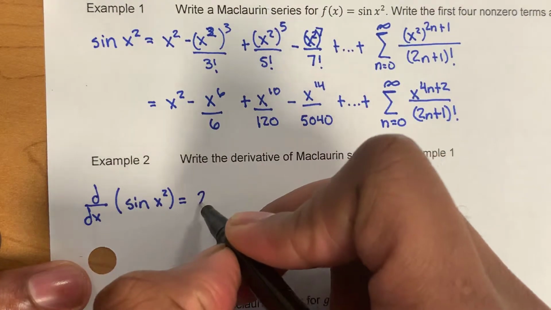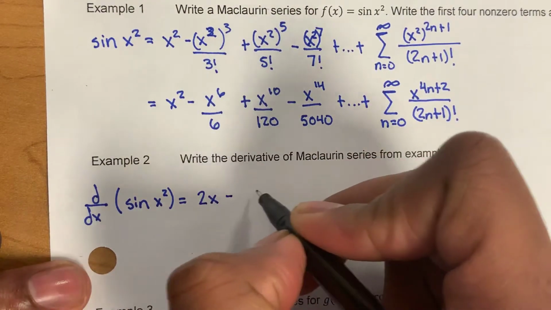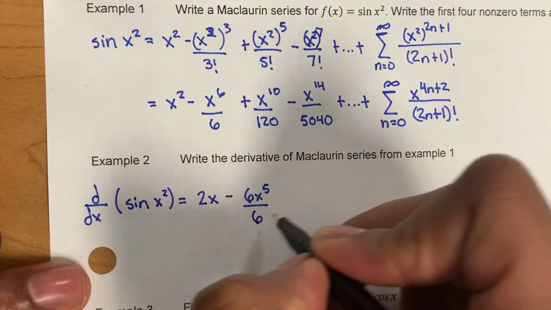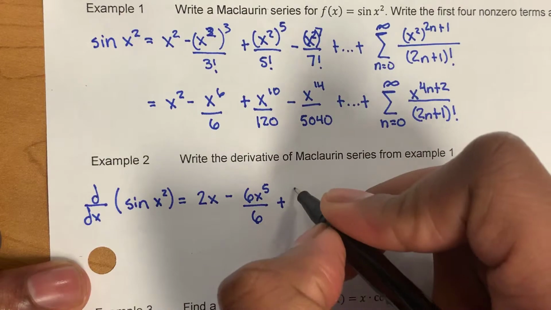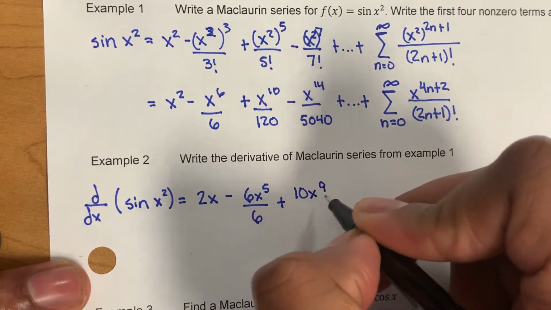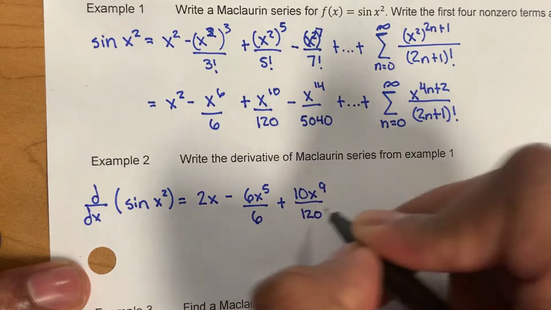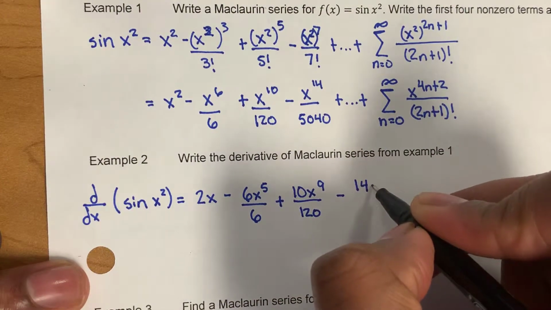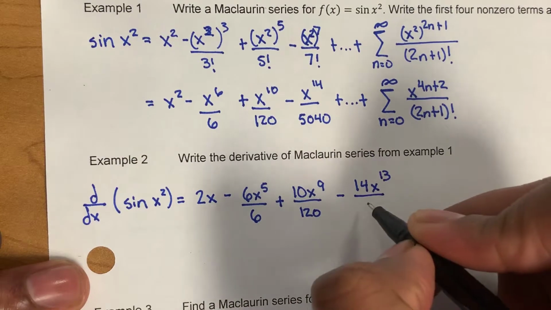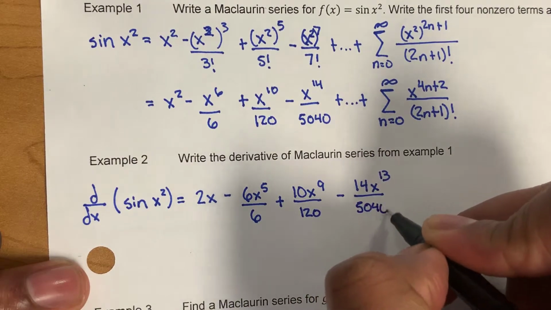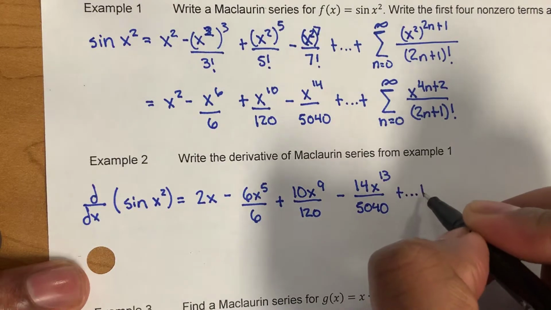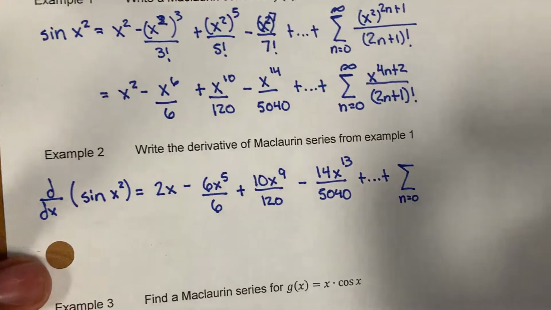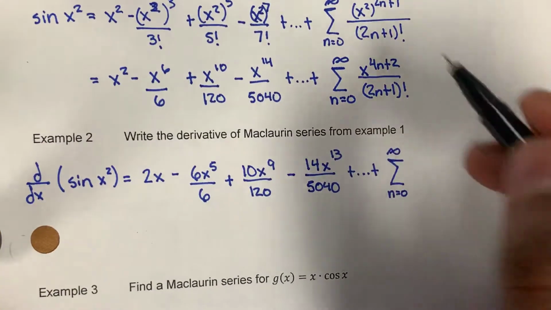So there's going to be 2x minus 6x to the 5th over 6 plus 10x to the 9th over 120 minus 14x to the 13th over 5040 plus, and then we're going to still have the sum from n equals 0 to infinity.